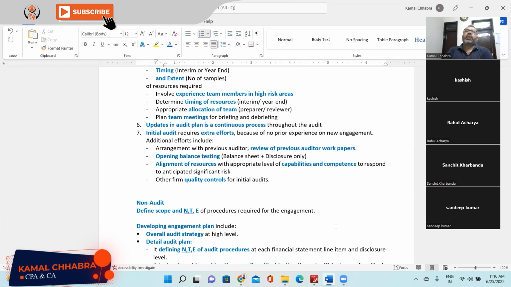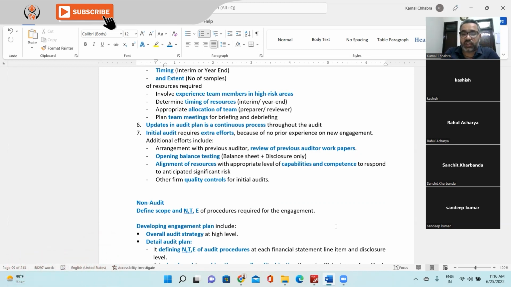For example, when you are conducting an audit, there might be some area you might not be aware of at the very early stage, but when you are conducting the audit, new facts and circumstances come in front of you, right? That may require a change in the overall planning of the engagement.